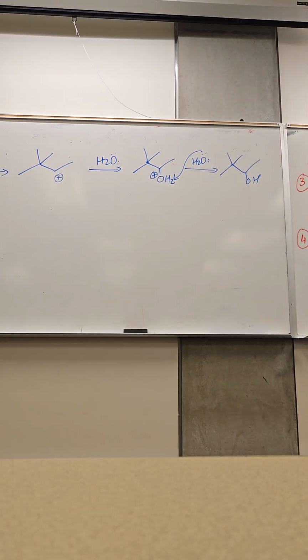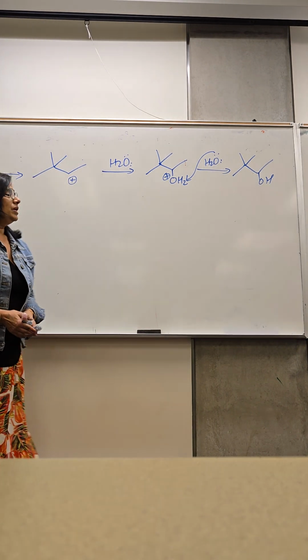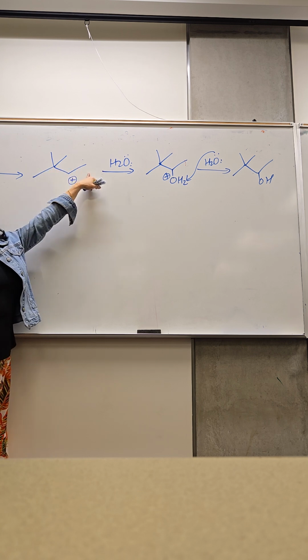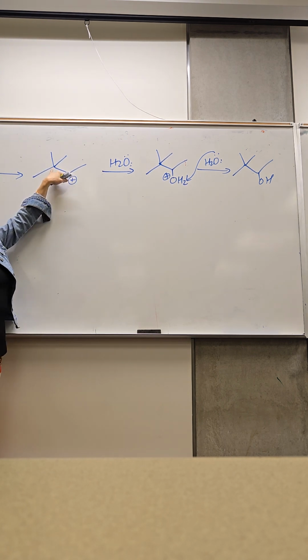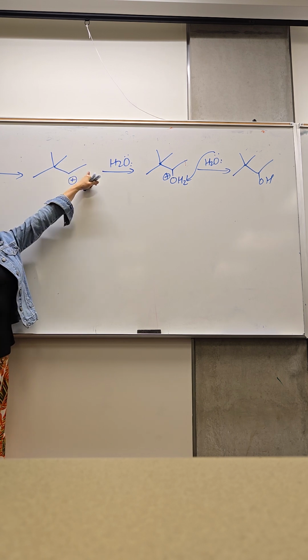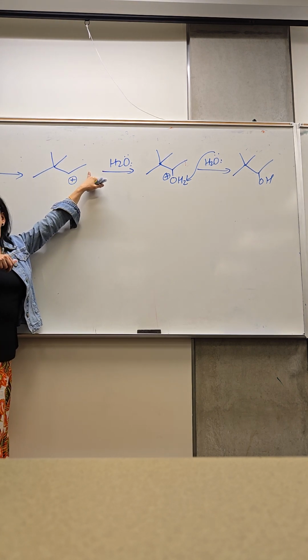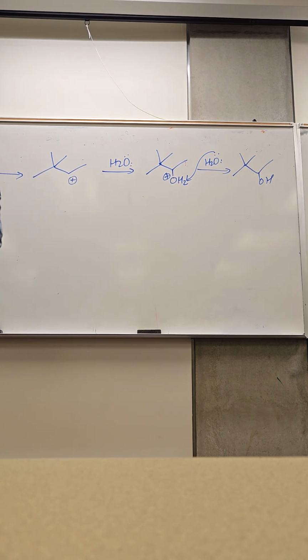But the carbocation actually can rearrange, because from the adjacent carbons only, you don't have to look farther than that, either an H can shift or a methyl can shift to create a more stable carbocation.